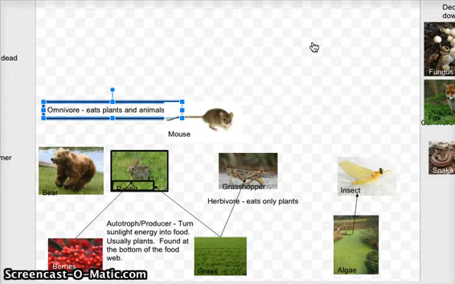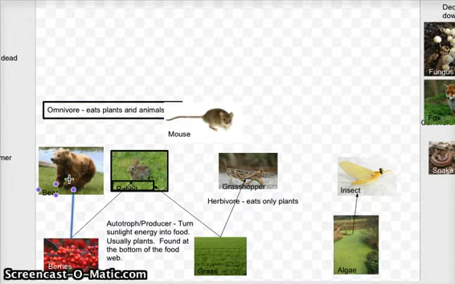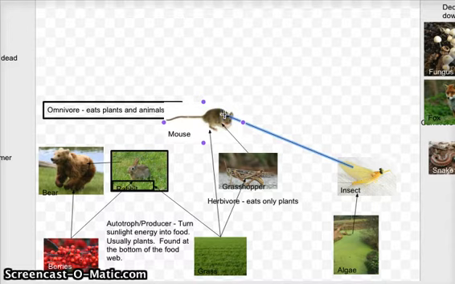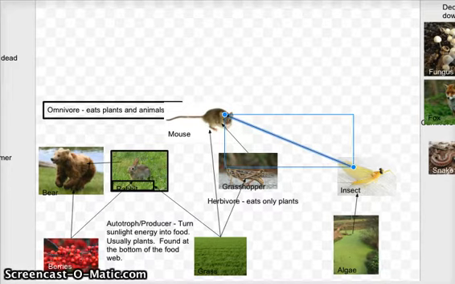They generally have two arrows coming to them, one from plants and one from animals. So this bear has an arrow from a berry and a rabbit. The mouse will eat grass, grasshoppers, and insects. So it has arrows coming from plants and animals, so it is an omnivore. Those are usually the hardest ones to pick out.